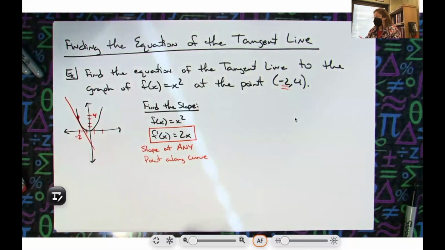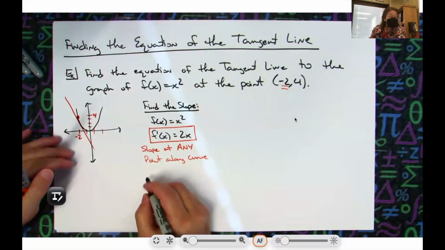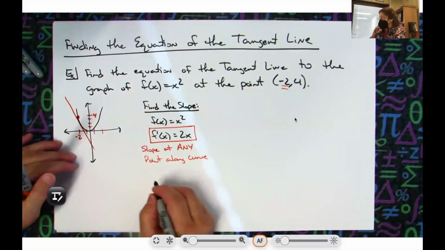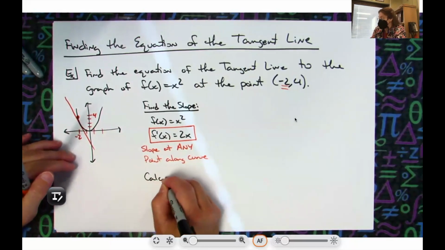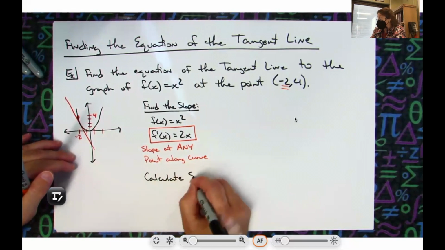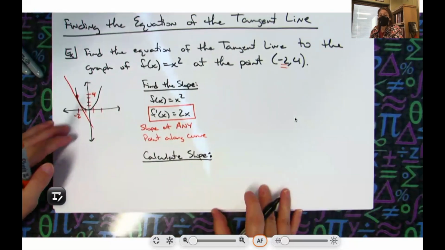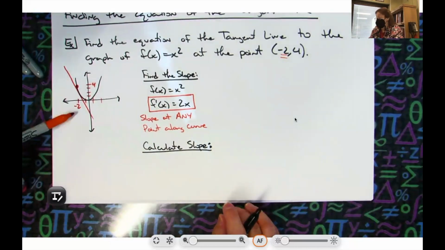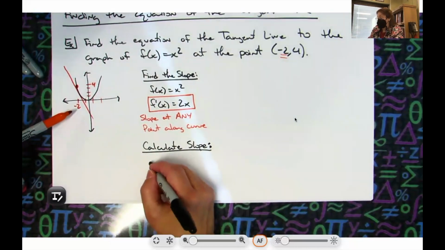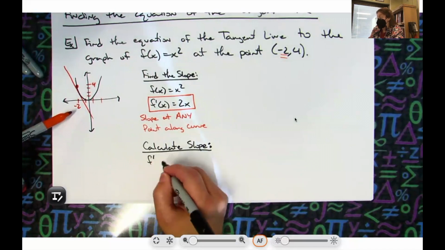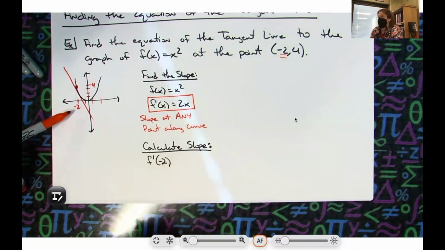So I'm going to calculate the specific slope. Now, pay attention to my notation, this is important. I want it at negative 2. Watch what I write: f prime of negative 2.